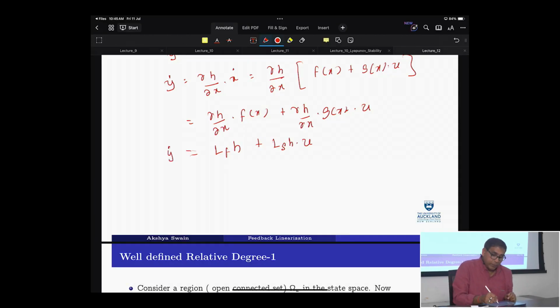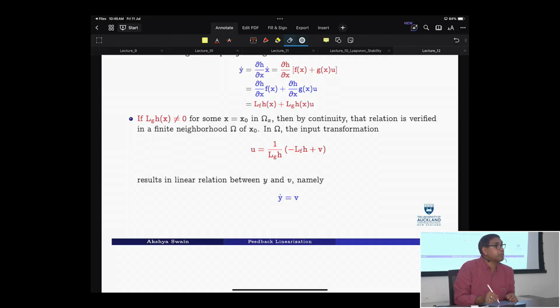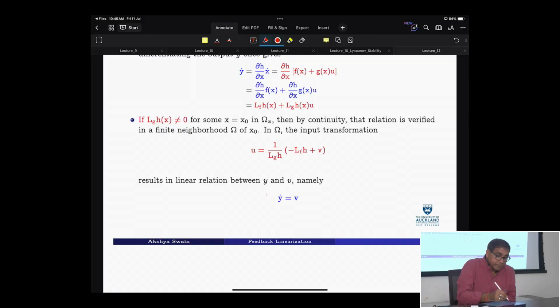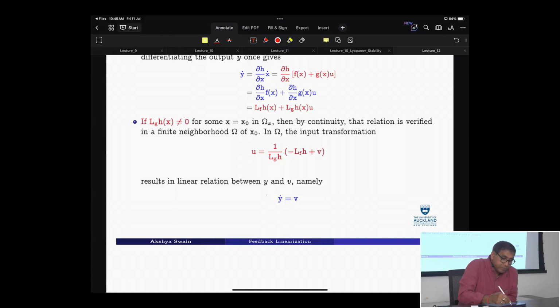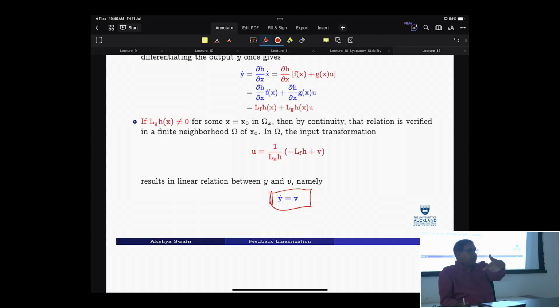Now if L_g h is not equal to 0, then you see by selecting the input u equal to 1 by L_g h into minus L_f h plus v, it will give you y dot is equal to v. Clear? If L_g h is not equal to 0, then you can select this input and it will give you a linear relationship between output and input, right?